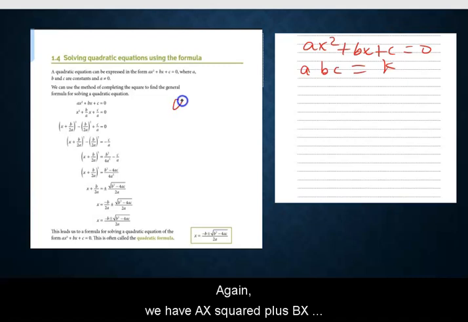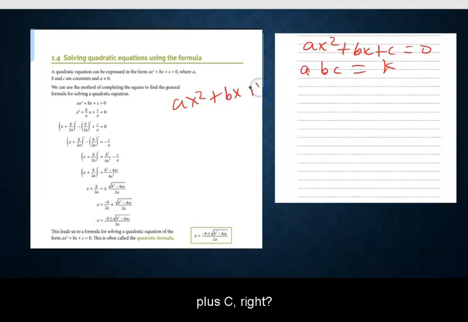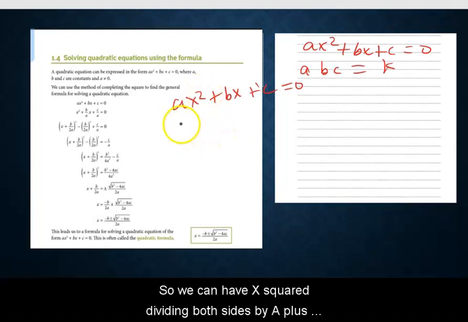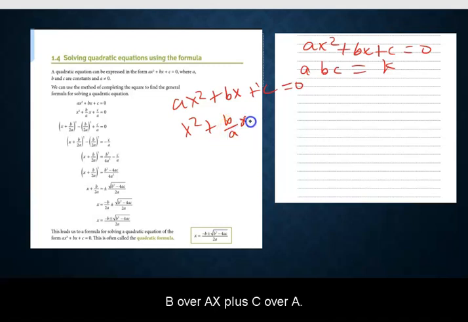Again, we have ax squared plus bx plus c equals 0, isn't it? So we can have x squared, dividing both sides by a, plus b over a x plus c over a. This is equal to 0.